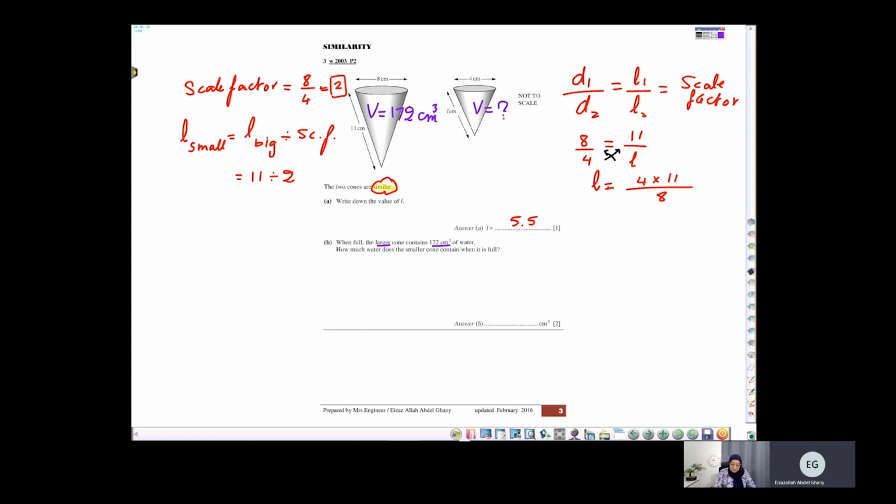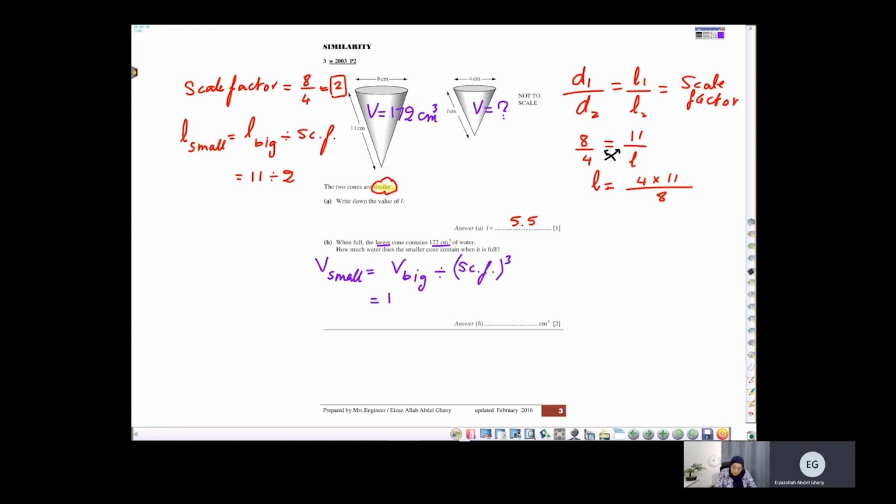Okay? So in order to find the smaller volume, there is the bigger volume, and you want to make it smaller or bigger? You want to make it smaller. So you divide or you multiply. I divide. Divide by scale factor but cube.